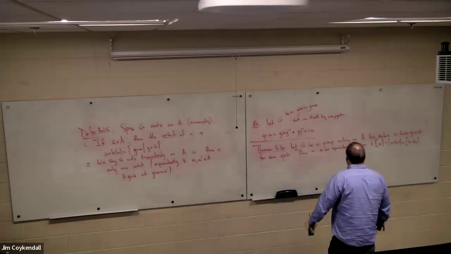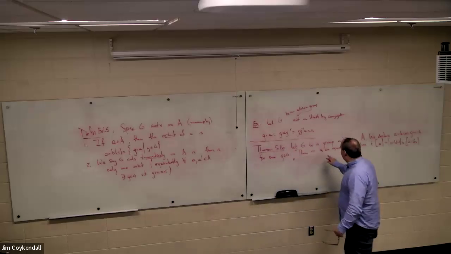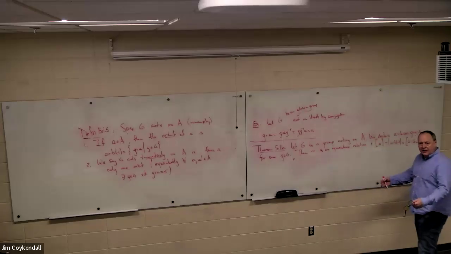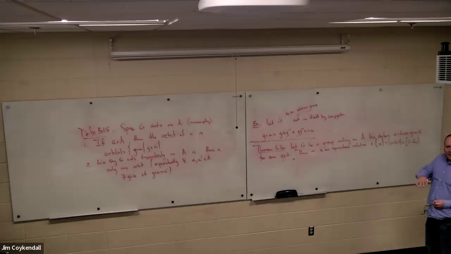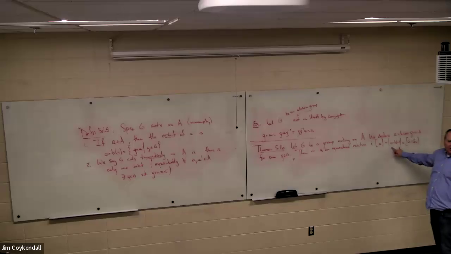That's right. And I like to think of this result as: we're going to show that this tilde is an equivalence relation, so it partitions A into basically the distinct orbits. And if I walk up to you on the street and give you an a, the size of the equivalence class of a, which is synonymous with the size of the orbit of a, is the index of the stabilizer.